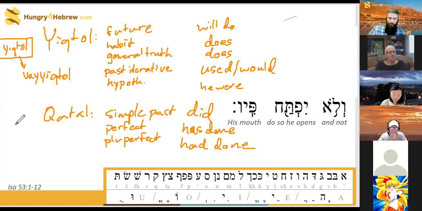So in old passages like the Song of the Sea or Job or maybe the blessings of the 12 patriarchs by their father, you will see yiktol forms that are past tense. Why? Because of the originally preterite yiktol. So it does get complicated. Sorry about that, but hopefully that helps answer your question.